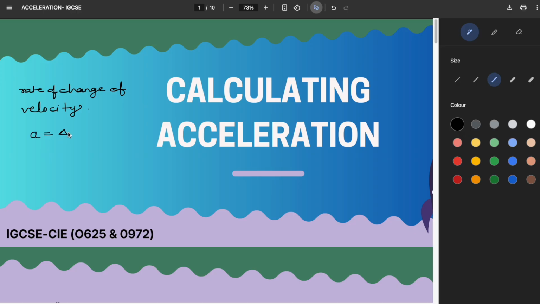A. You use delta V by delta T. What is delta V? That is the change in the velocity, V minus V naught, by time. I could use delta T or I could represent the time by T. Now what is V? V is my final speed, or you could say my final velocity, and V naught is my initial velocity. Correct? V naught is my initial velocity.